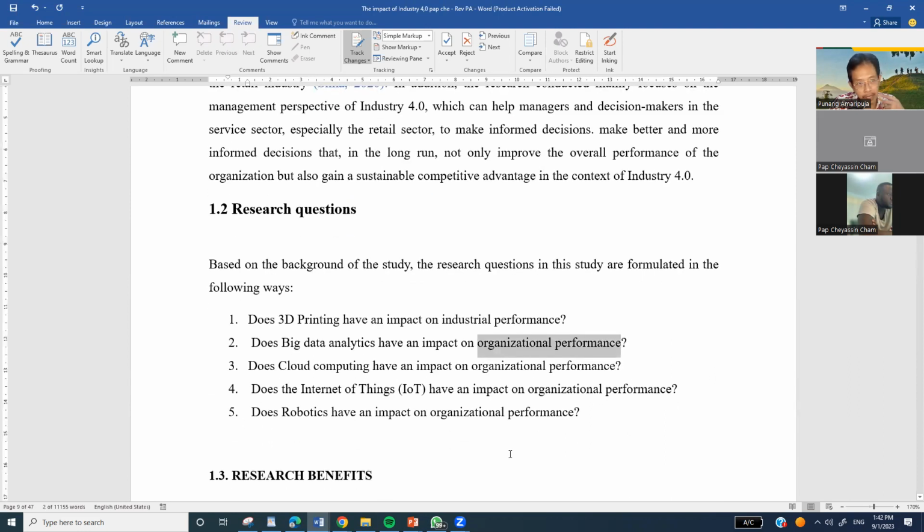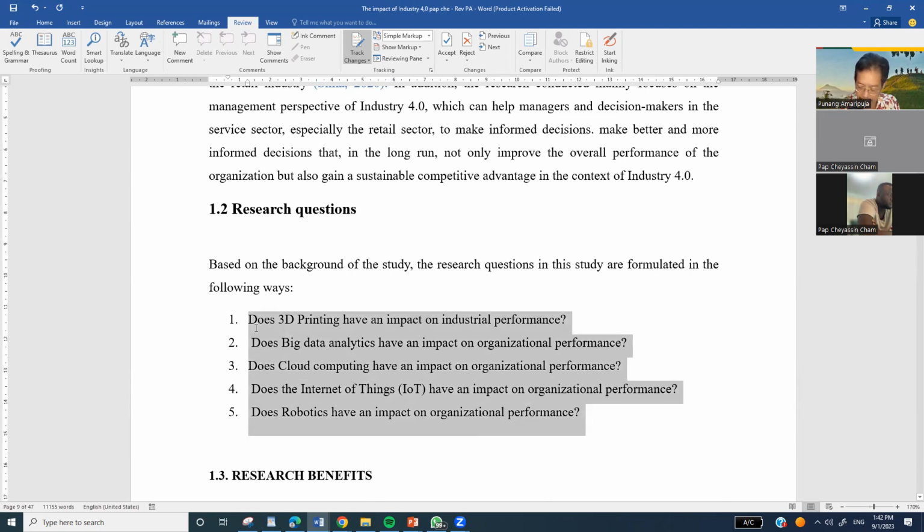But let's see whether there are any journals that would be talking about that. But in the research question form, it would be really hard to make a research model based on this, because then you have 3D printing, big data analytics, and so on. And then you would need to do a statistical analysis. There are requirements, for instance, how many samples you would need.